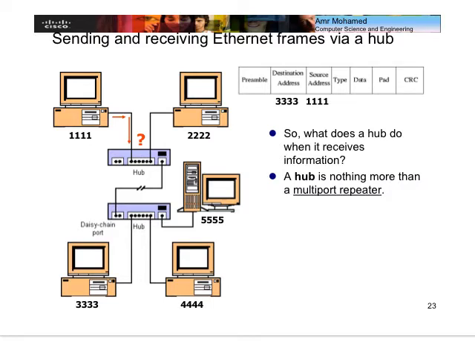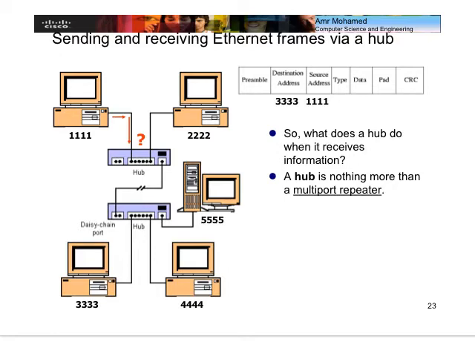So, using hubs, the hub is simply, as we said before, a multi-port repeater, in the sense that it does not work in the digital domain at all. It does not convert the signals into digital. It just deals with analog signals. So you can think of it this way.